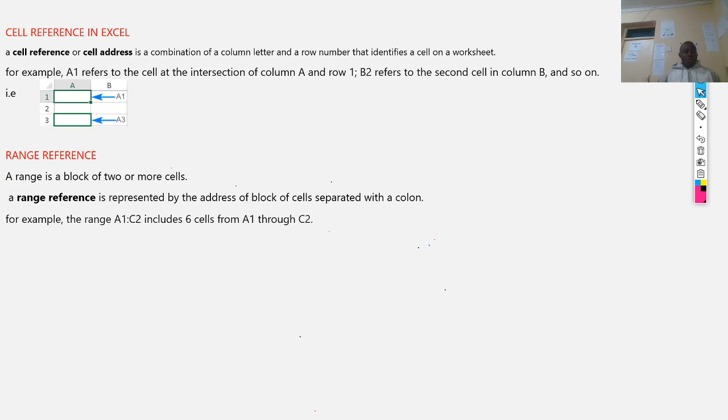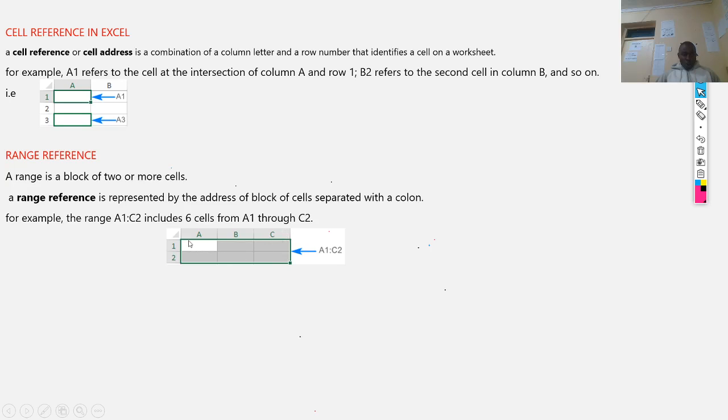For example, the range A1 to C2 includes 6 cells, from A1 to C2 in my figure here.